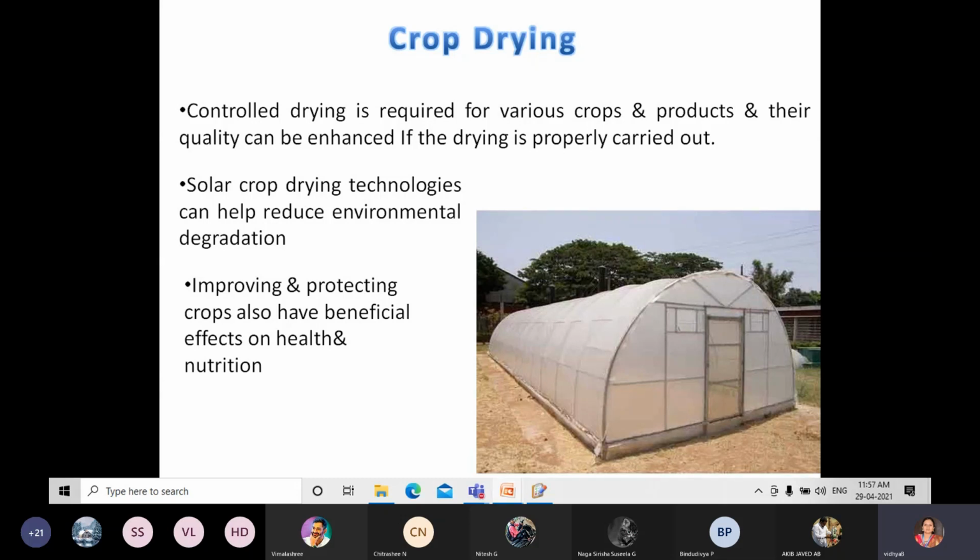Crop drying. Controlled drying is required for various crops and products, and their quality can be enhanced if the drying is properly carried out. What they are saying is, controlled drying is required for what? For various crops and products. Why do we want that? Their quality can be enhanced if the drying is properly carried out.